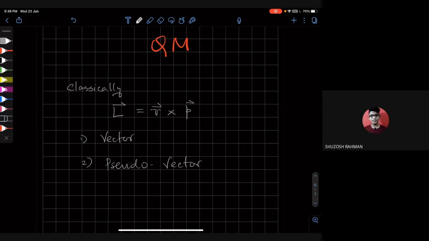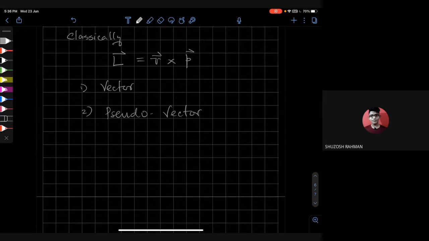The cross product, if we change it like momentum times r would give me minus the result, I think. I'm not exactly sure, to be honest. Okay, so there is a transformation called parity, okay? And what parity does is that it takes all the spatial position of a particle to its negative.